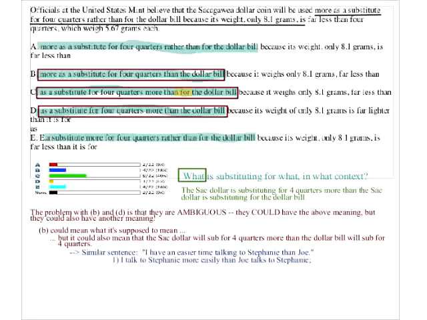Or it could mean that I talk to Stephanie more easily than I talk to Joe. This could be either one of these, and B has the same problem. And so does D. Smiley face if you understand why this is an issue here.